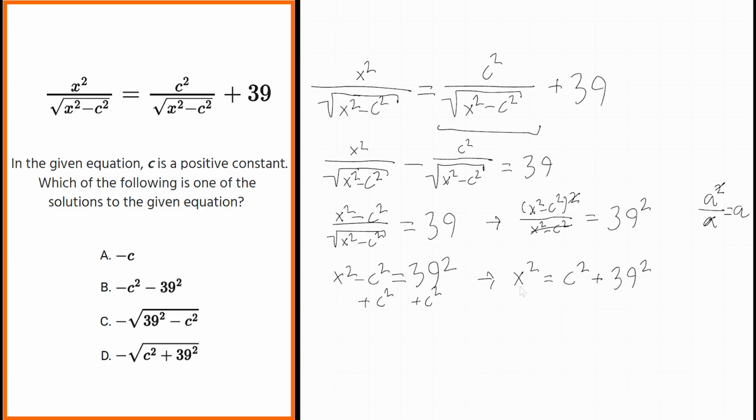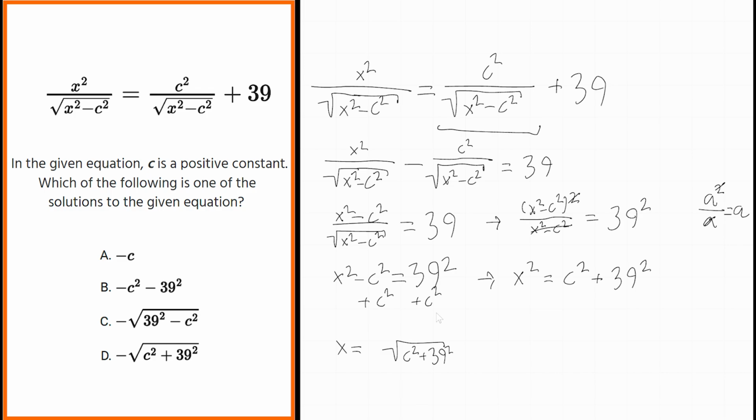And now we just need to take the square root of both sides and we can get x by itself. So we get x equals the square root of c squared plus 39 squared.